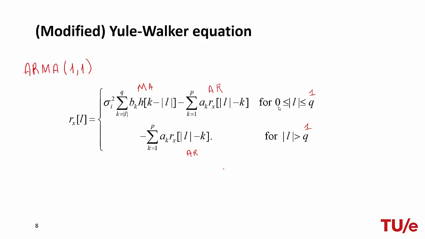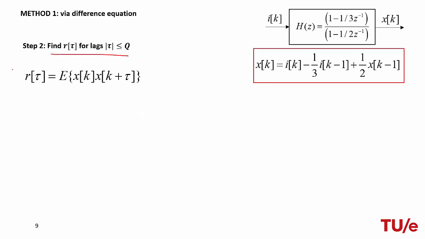While for lags that go from 0 to the number of zeros, I have both the moving average and autoregressive components, and therefore I cannot find a recursive structure, and I need to calculate the autocorrelation function for each lag. So with this in mind, we can start by looking at the lags smaller than or equal to the number of zeros, and then look at the recursive structure for lags larger than the number of zeros.